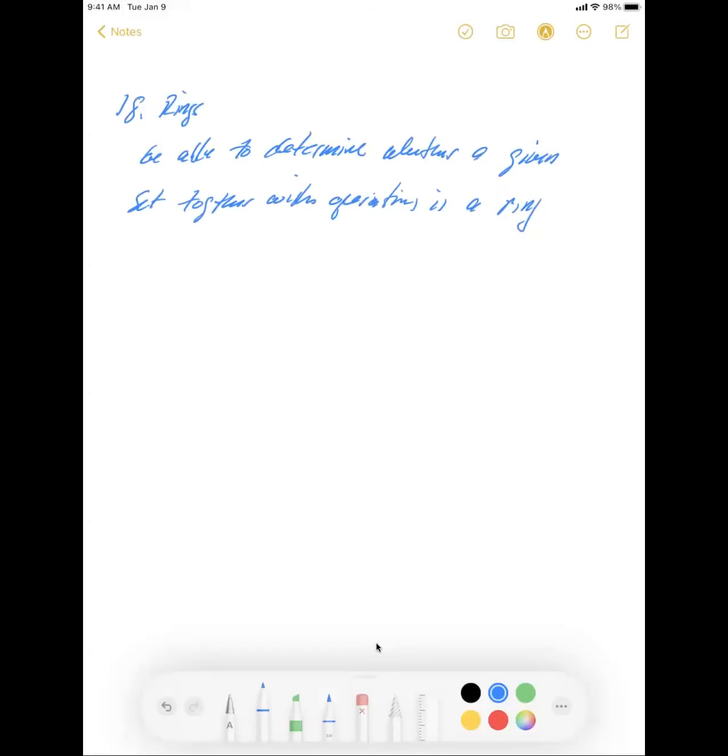Now, you typically don't want to have to do this from scratch. What you really hope is that your set is a subset of a known ring, and so then you can just apply the subring test. So hopefully you can use the subring test.